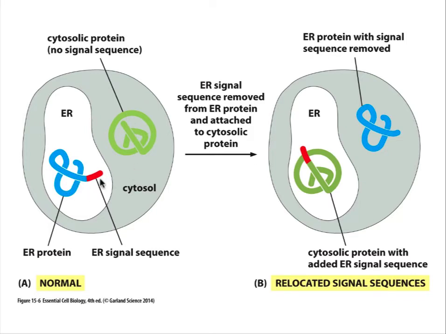So when they deleted the information in the gene itself for making the blue protein, when it was made, it didn't have a signal sequence. And therefore the ribosome just dumped it out into the cytosol. Whereas the gene for the green protein was altered to contain the same signal sequence. And when that was being manufactured by the ribosome, the signal sequence was made and it told the ribosome to dump that into the ER. And that's where they found the green protein in these 2 unnatural positions.